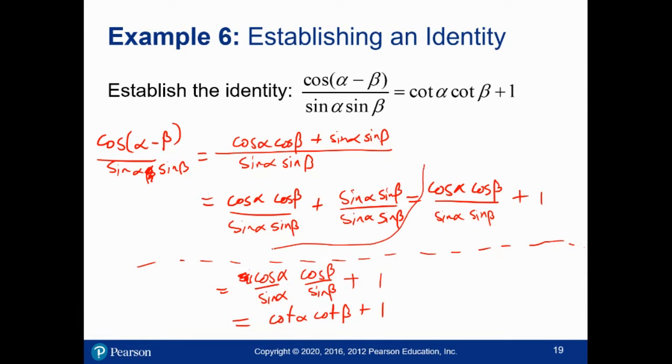And now I can recognize that, aha, I do have the same thing, and these are definitely equal. So it's legitimate to work forwards from one end and backwards from the other, as long as you do not claim they are equal until they have reached the same thing.